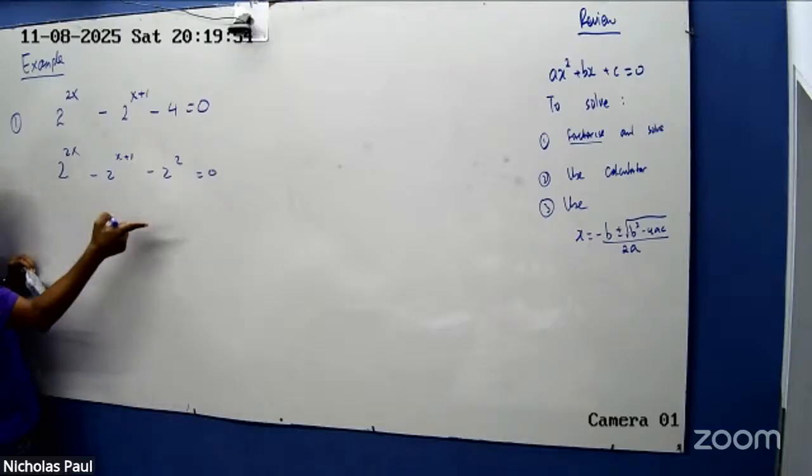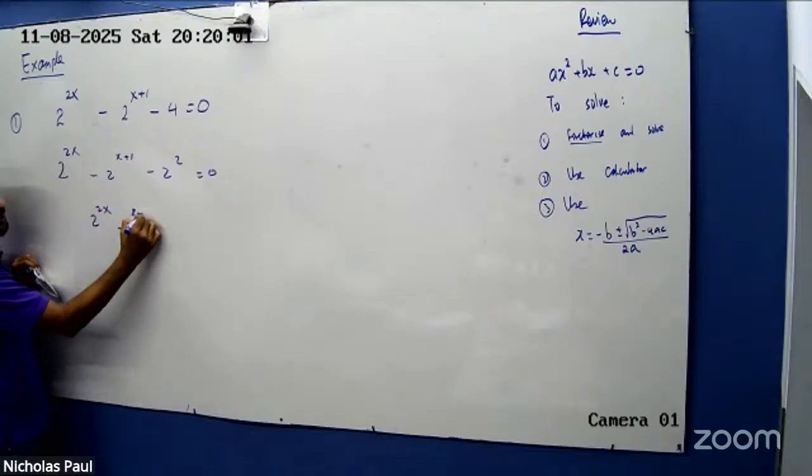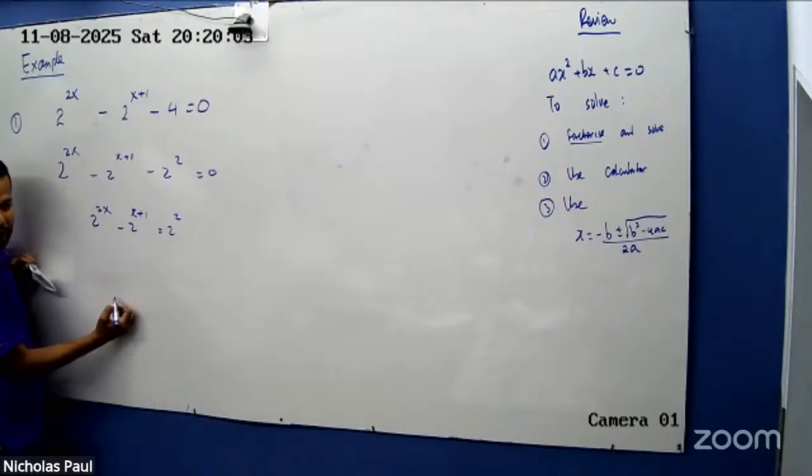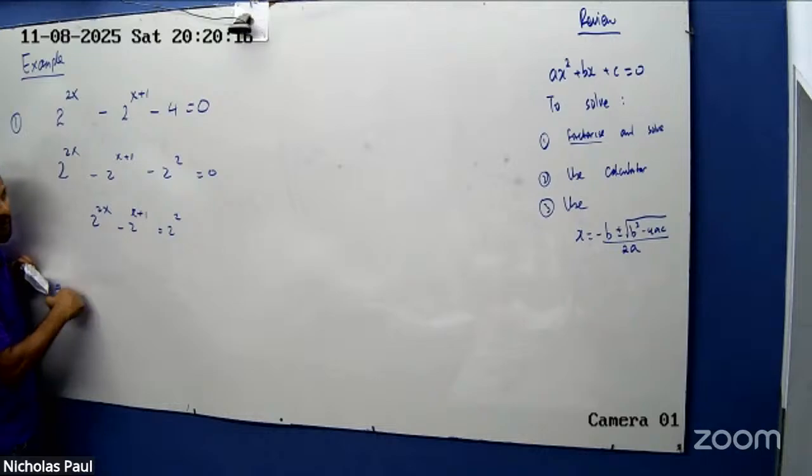So we have 2 to the 2x here, minus 2 to the x plus 1, is 2 squared. What do we normally do? We carry some on that side so we can equate powers. Could we equate powers? No, because there's no rule with a minus or a plus in the middle. So what do we do here? You see the problem?